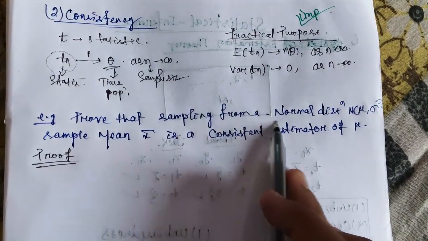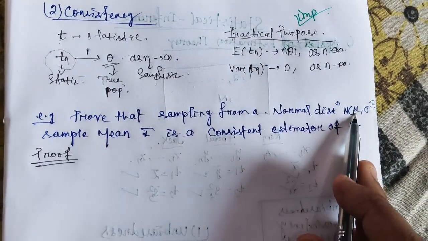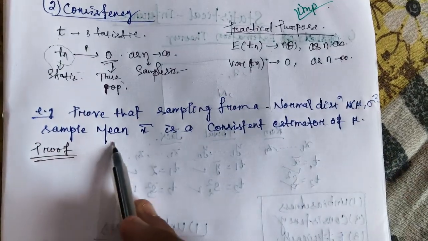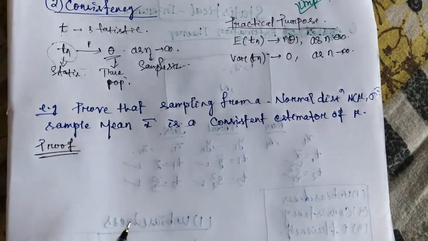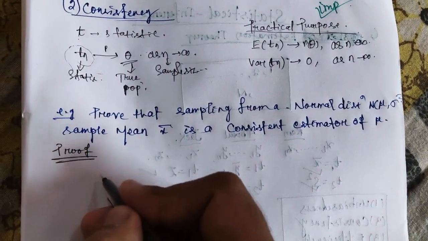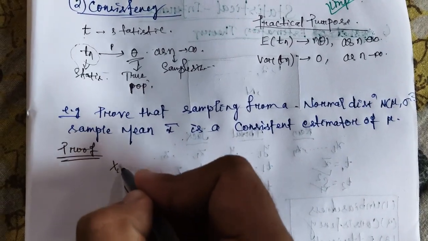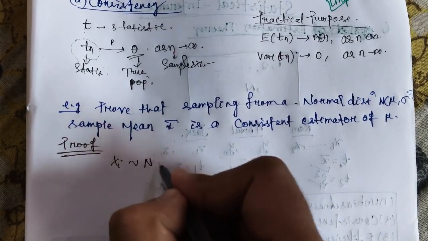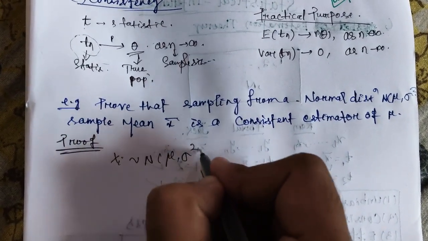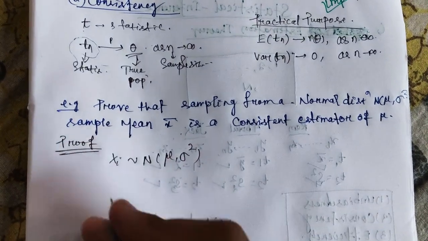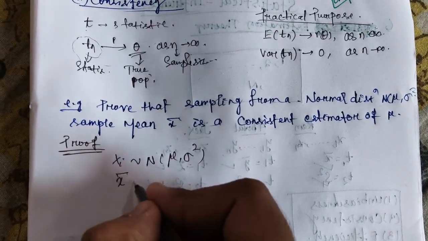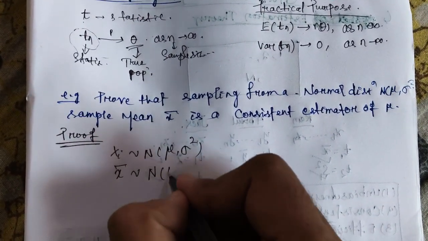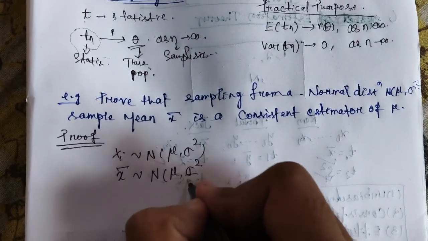Prove that, sampling from a normal distribution with mean mu and variance sigma square, the sample mean X bar is a consistent estimator of mu. Let Xi be our random sample which follows the normal distribution with mean mu and variance sigma square. We know the sample mean X bar will follow the normal distribution with mean mu and variance sigma square by n.